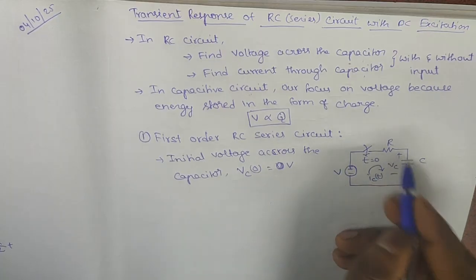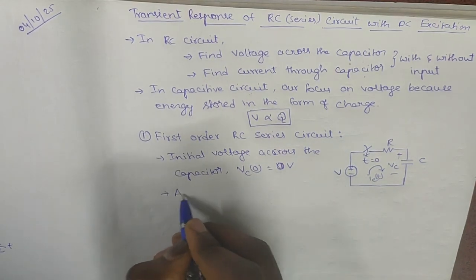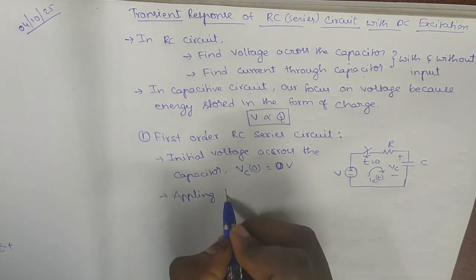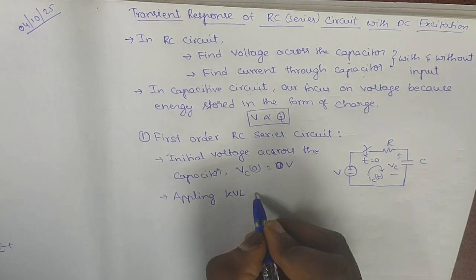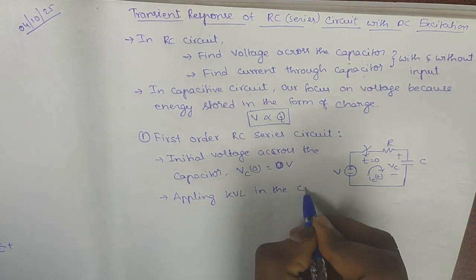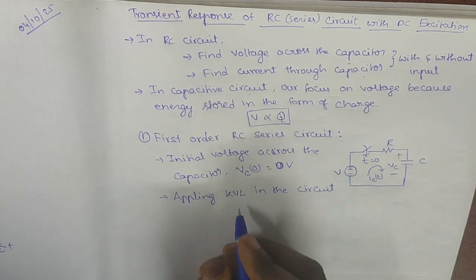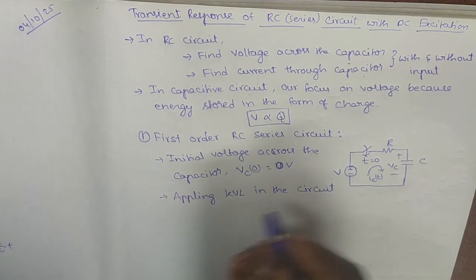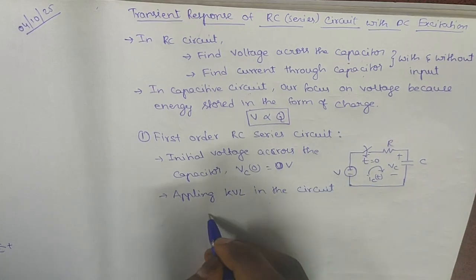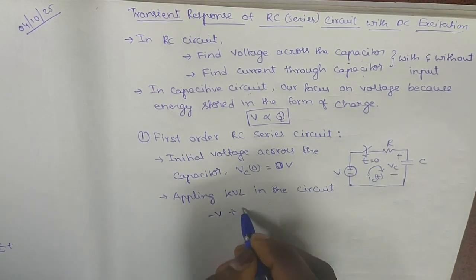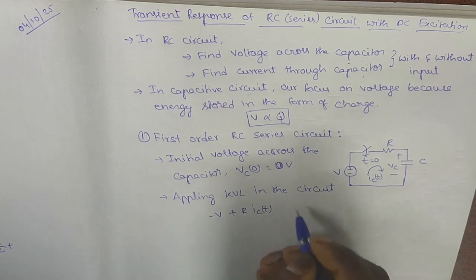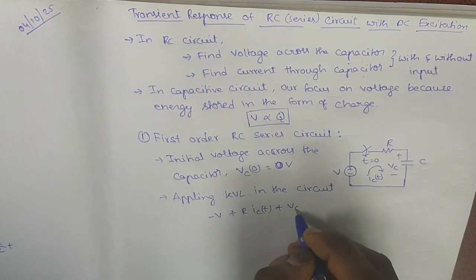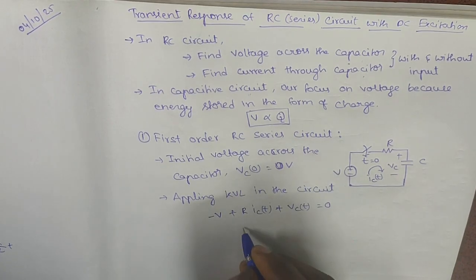Now applying KVL in the circuit, we consider from here: minus V plus R into Ic of t plus Vc of t is equal to 0.